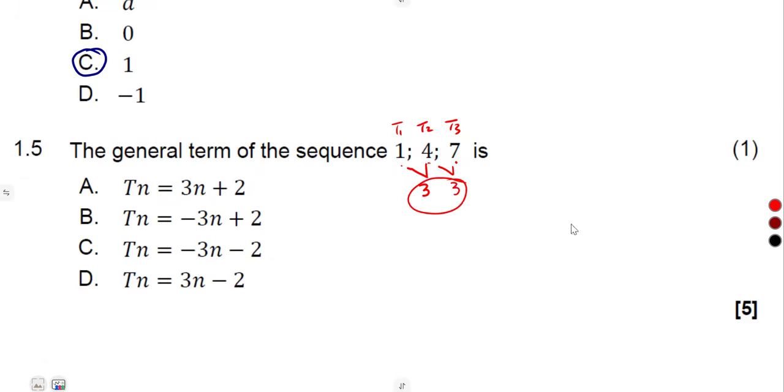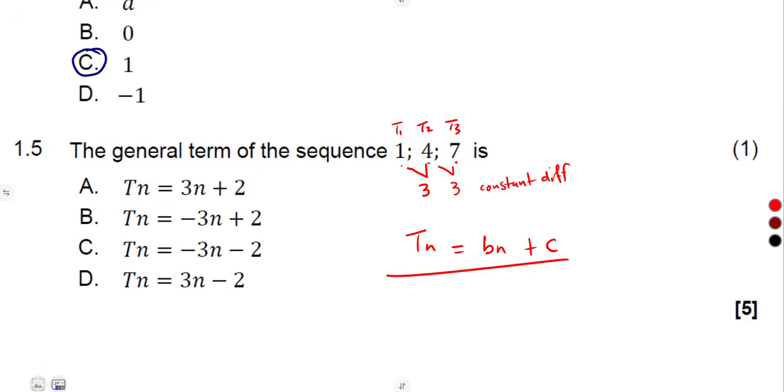So we can see that we have a constant difference, or a common difference in this case, of 3. So that's under our numeric Tn is equal to Bn plus C. That's a linear sequence that we have. So it's going to be in this manner.